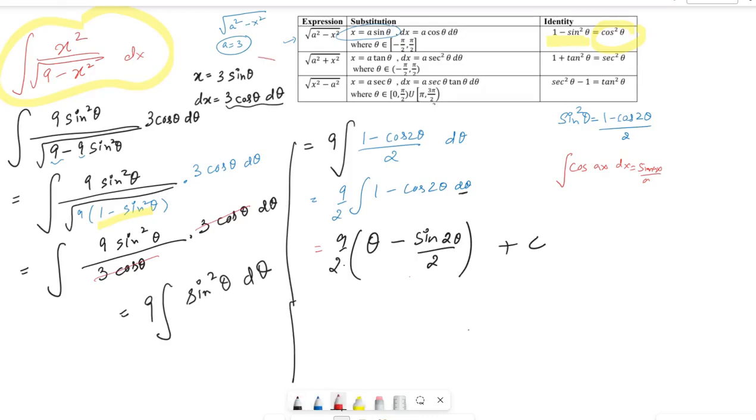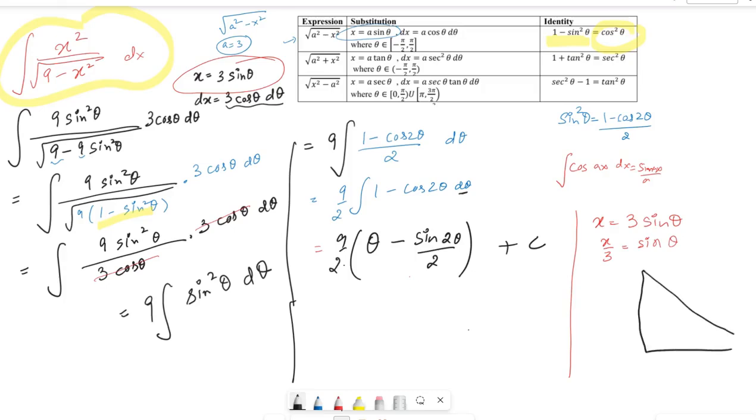So I'm going to start one more time with the substitution which I used. So x by 3 is equal to sine theta. If you notice in the right angle triangle with one angle as theta, sine theta should be opposite divided by hypotenuse.